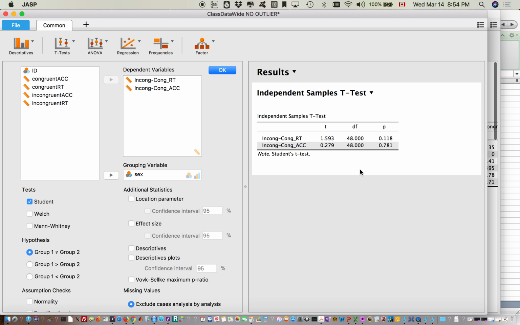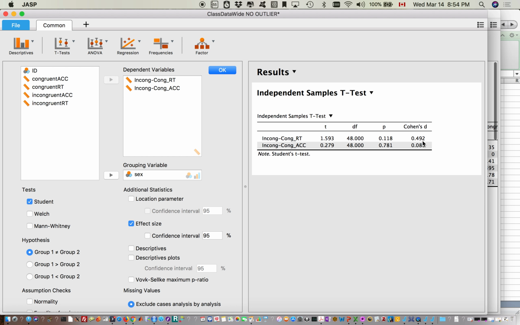That's interesting. All right. So what you also want to calculate is an effect size. And you can see here's the t statistic, the degrees of freedom, the p-value 0.118, and Cohen's d. A Cohen's d value of 0.49 is actually relatively large.